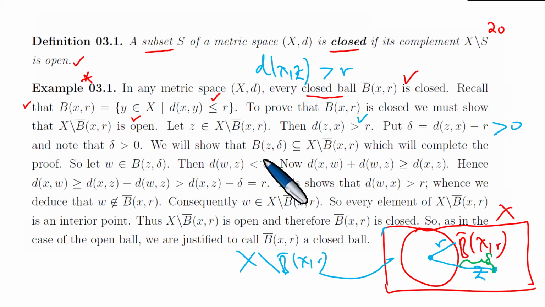We will show that the open ball centered at Z of radius delta is going to be sitting somewhere there. We show that this open ball is actually living in the complement of the closed ball, which will complete the proof.